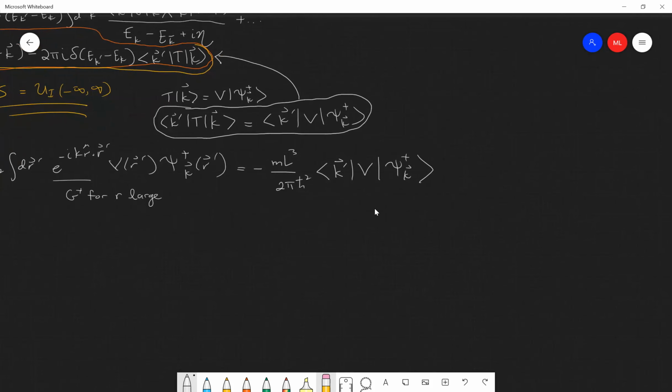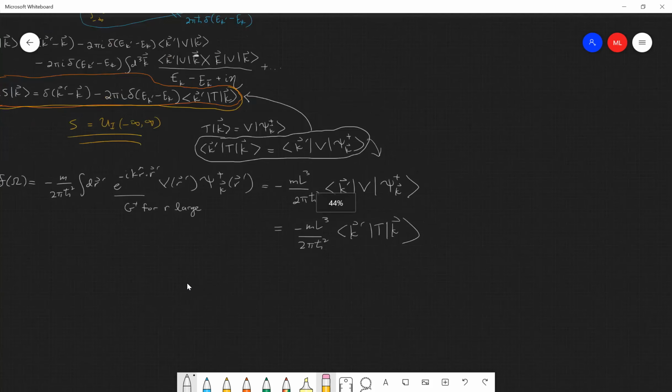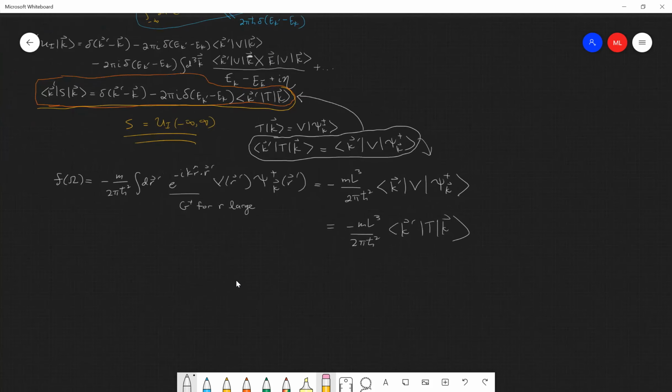And this is nothing but, again, using this formula, minus m L cubed over 2 pi h bar squared <k'|T|k>. Okay, so that's another important relationship for the T matrix.